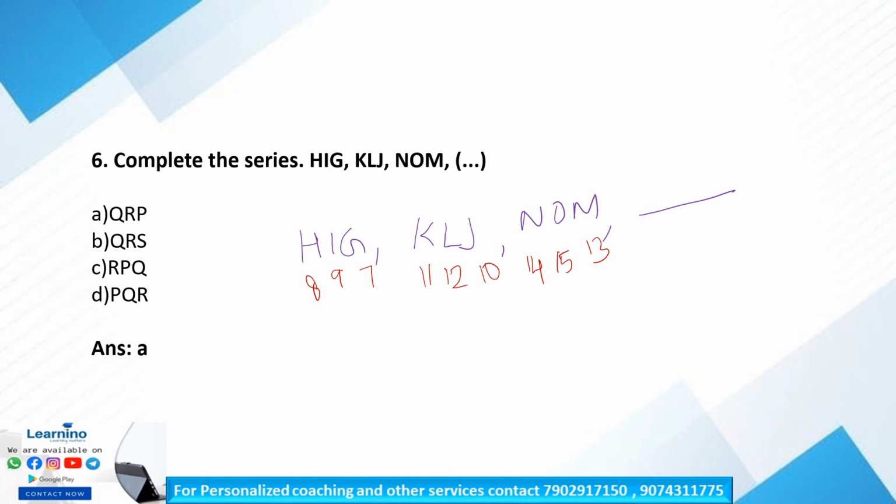Here we can see 7 plus 1 is 8, then 8 plus 1 is 9, right? 10 plus 1 is 11, 11 plus 1 is 12, 13 plus 1 is 14, 14 plus 1 is 15, right?